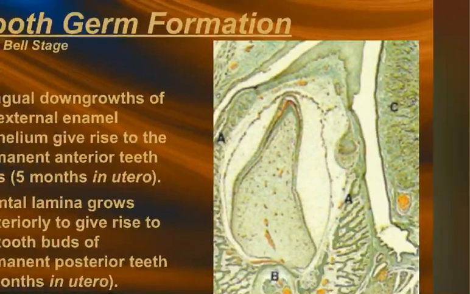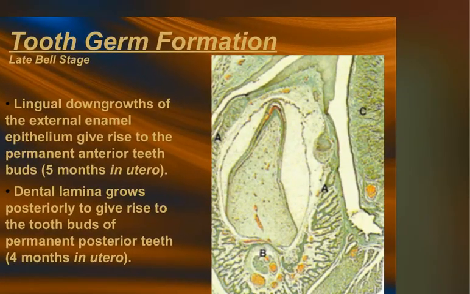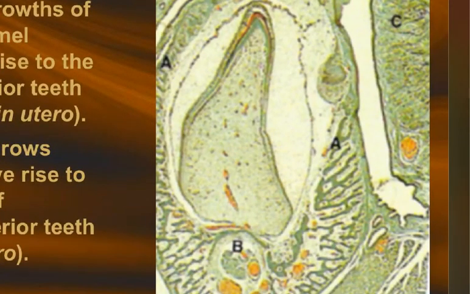The late bell stage starts at week 18 for all primary teeth, and it continues until the time point of crown completion. You remember in the chronology tables of dental anatomy, we have for each tooth a first evidence of calcification time point and the crown completion time point.